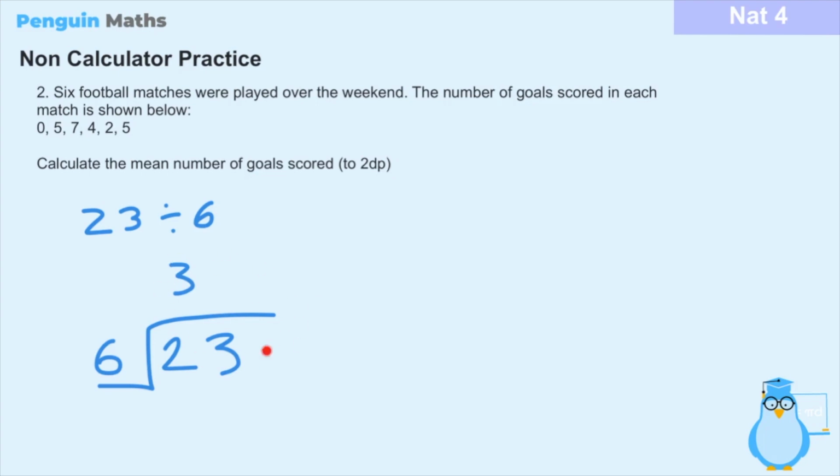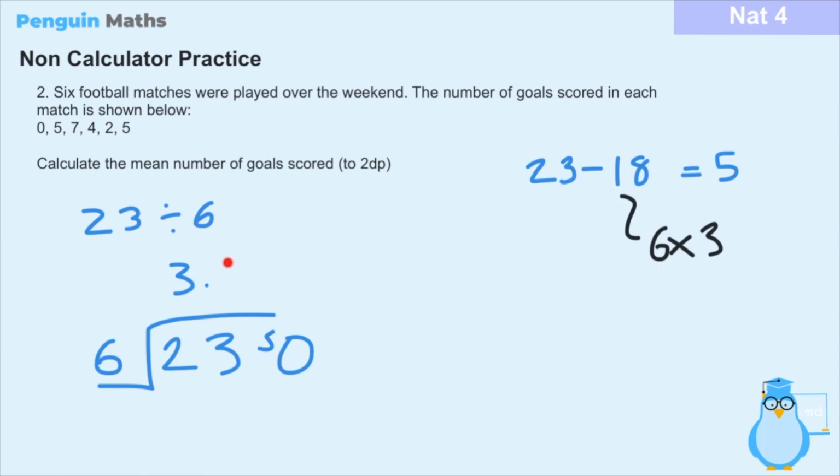So we have to put this answer into a decimal, so it's going to be 3 point something. What we do then is carry the 0. We said that 6 times 3 is 18, but we have 23, so the difference between 18 and 23 is 5, which means we carry the 0, so that becomes 50.